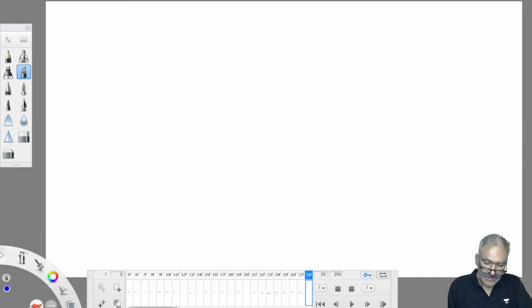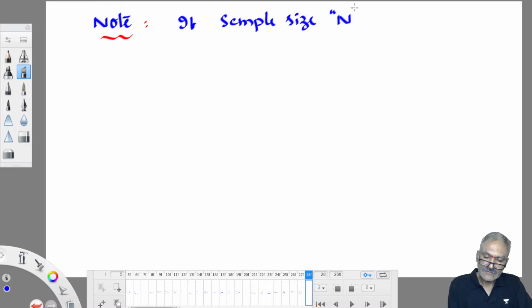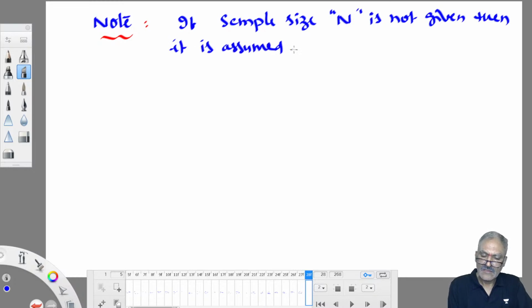Next, suppose the n value is not given. If the sample size n is not given, then it is assumed as infinite sample size.